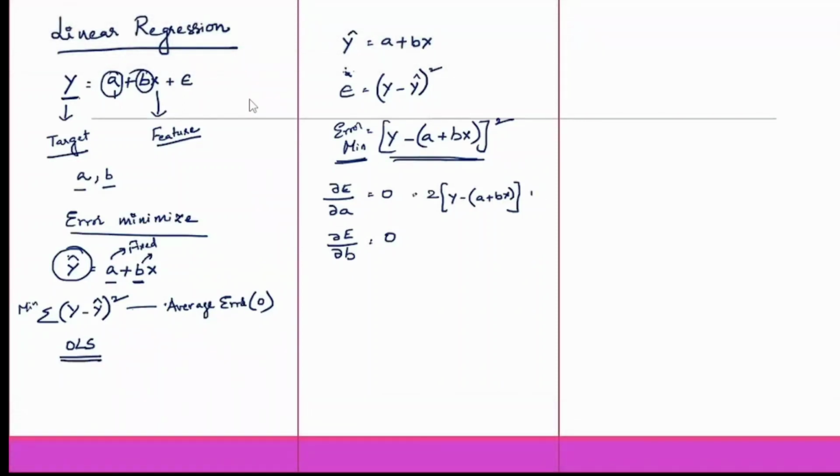So here you can do 2 times y minus (A plus bx) times b. So this is what you can typically call your derivative, and you are equating it to 0. So you can say here y minus (A plus bx) equals 0.